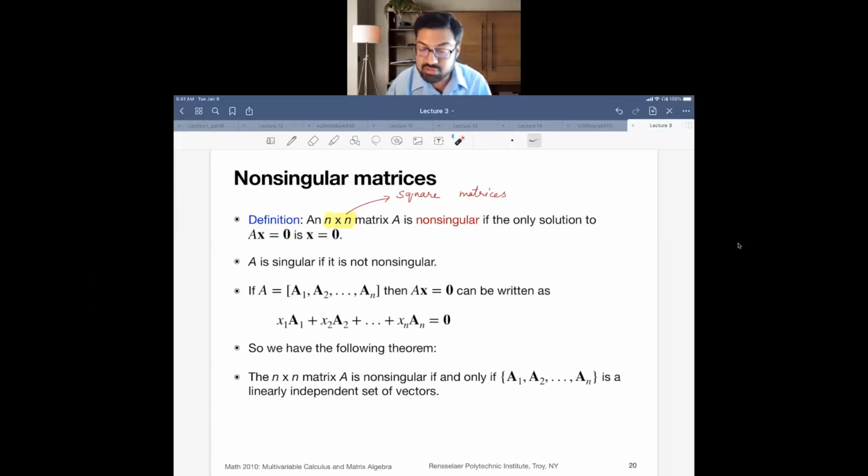If you get only the trivial solution, that means the vectors in the non-singular matrix are linearly independent, right? So if the vectors in the non-singular square matrix are linearly independent, then the Ax equals 0 problem will only have a trivial solution. So you can say: linearly independent set of vectors.